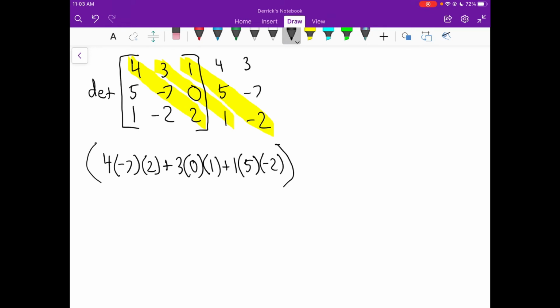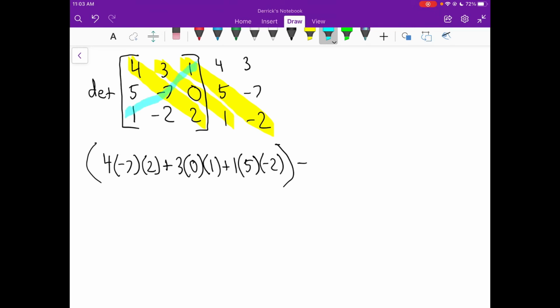All of that together will give me my one number for my downhill diagonals. I'm going to take that minus what I get from my uphills. Again, I should get 3 uphill diagonals that each have 3 numbers in them.